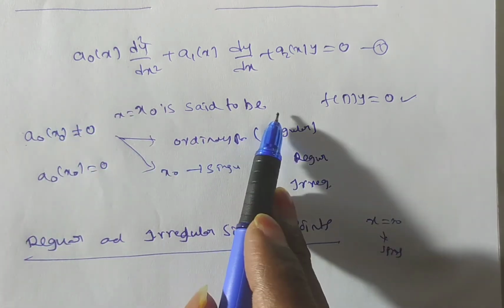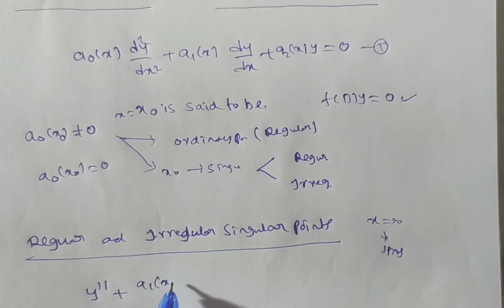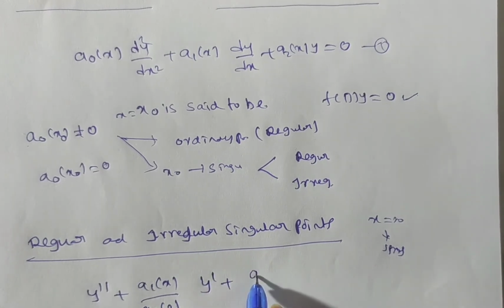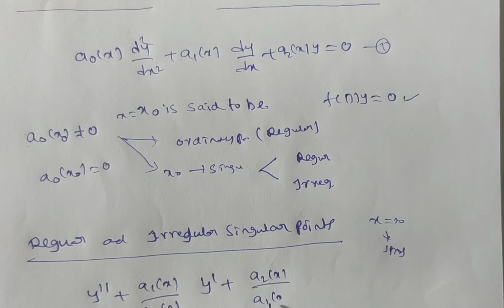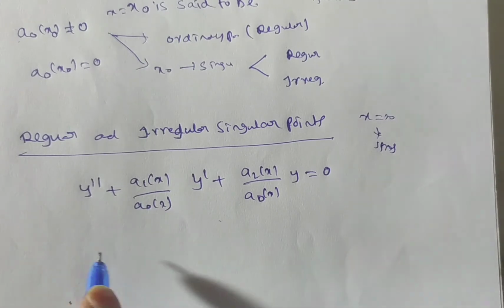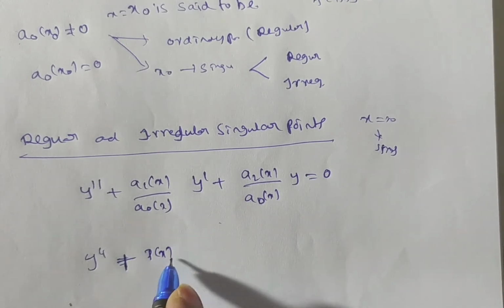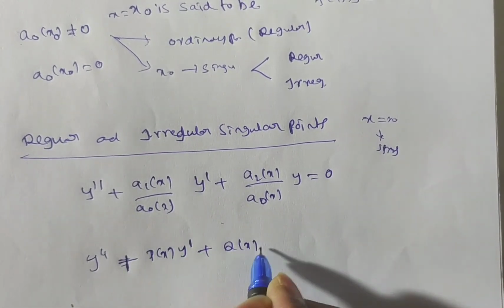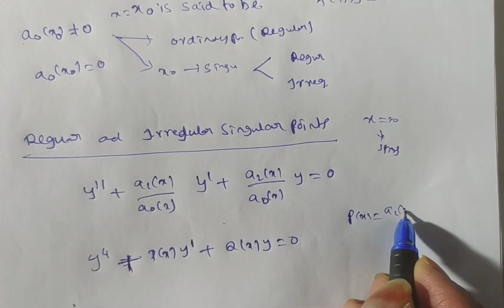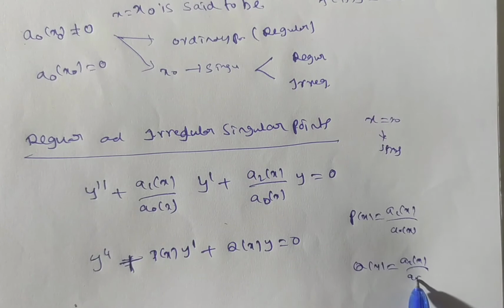So you have to divide the entire differential equation by a0(x). Then you will have y'' plus a1(x)/a0(x) y' plus a2(x)/a0(x) y equals 0/a0(x), which is 0 only. Now this is p(x) y' plus q(x) y equals 0, where p(x) is a1(x)/a0(x) and q(x) is a2(x)/a0(x).